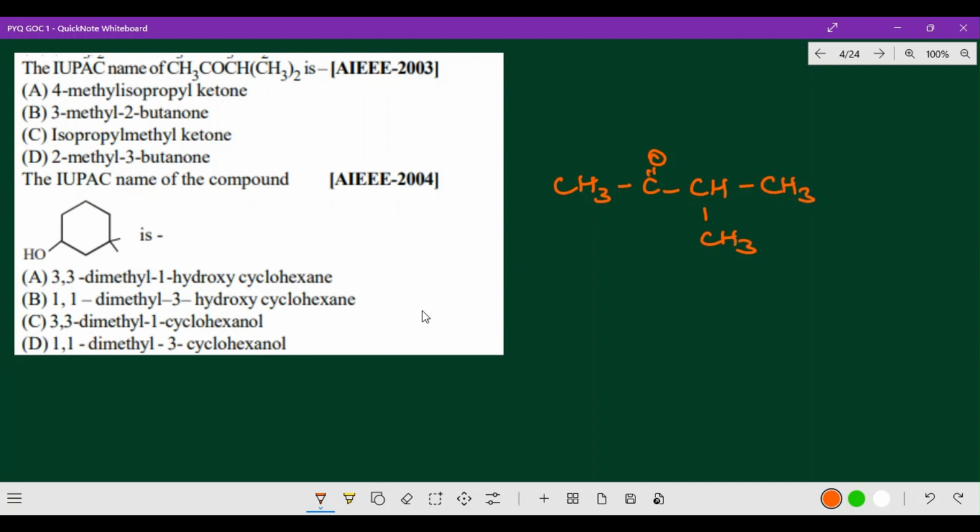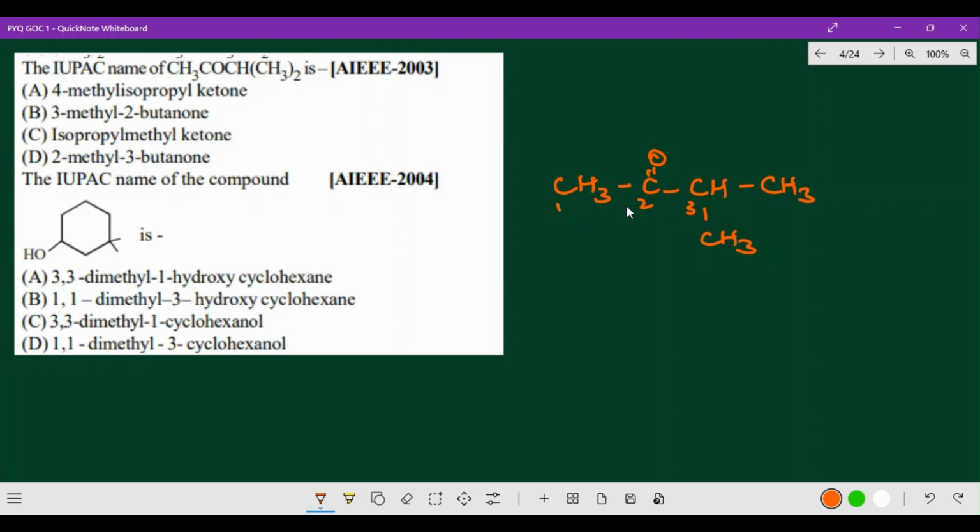Where the functional group is, there only we have to start the numbering system. So we can start from here, 1, here 2, and then 3.